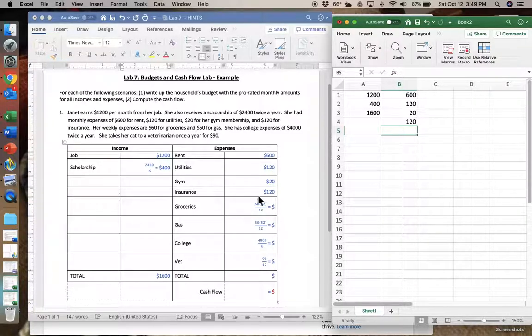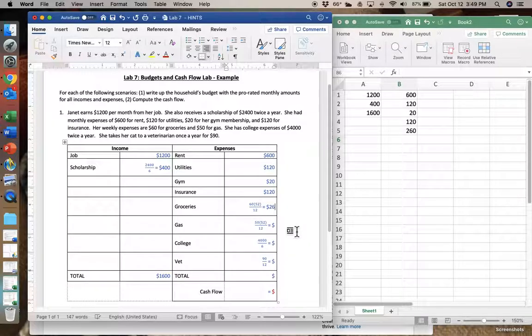So what we have to do is take $60 per week and multiply it by the exact number of weeks in a year, which is 52, and then divide that by 12 months, and that'll give us our answer. So we've got 60 times 52 and then divided by 12. And that tells us that the amount she spends on groceries each month is approximately $260.